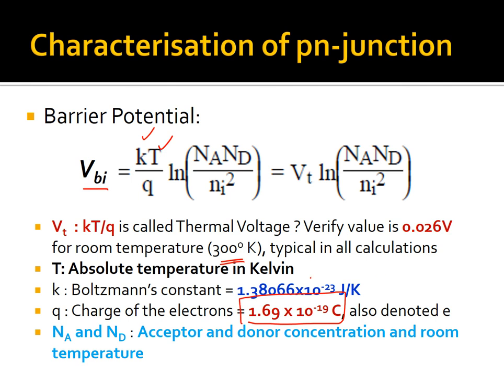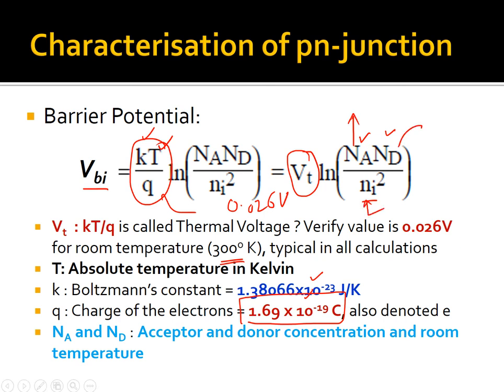If you plug in all these values, this comes to about 0.026 volt, and we represent it using VT. So VT natural log of Na Nd over Ni square. Na is the acceptor ion concentration, Nd is the donor ion concentration, and Ni is the intrinsic carrier concentration. If we know these, we can calculate the barrier potential.